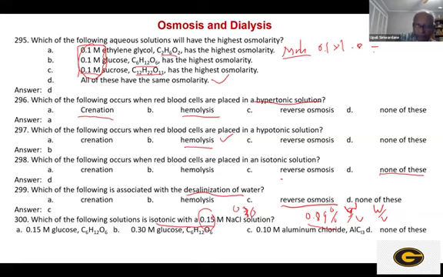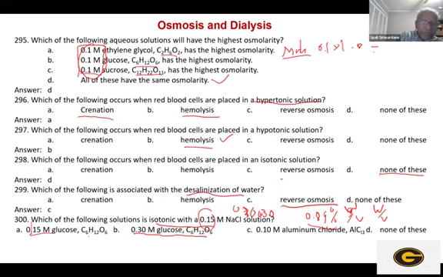0.15 multiplied by 2 is 0.3. Okay, this solution is isotonic because osmolarity is the same as saline solution.